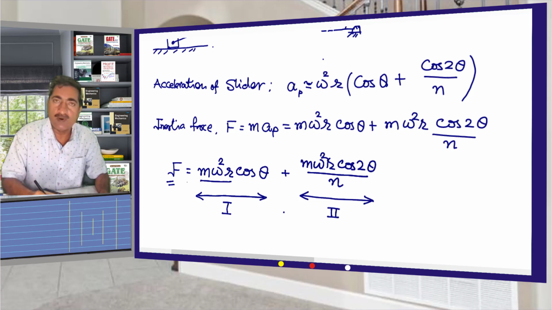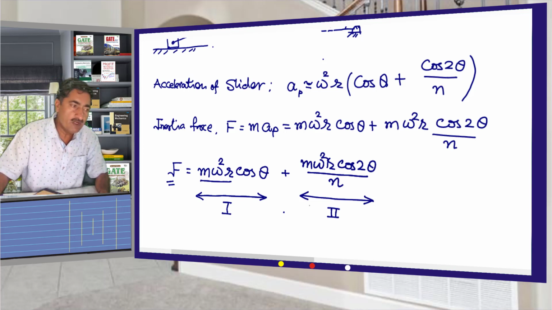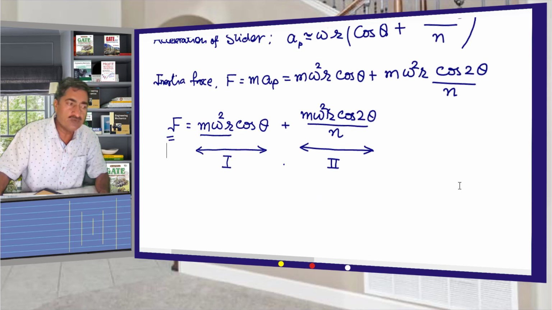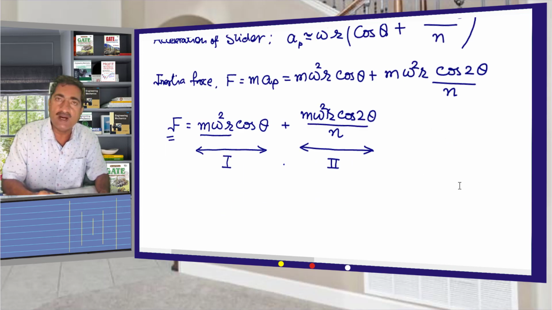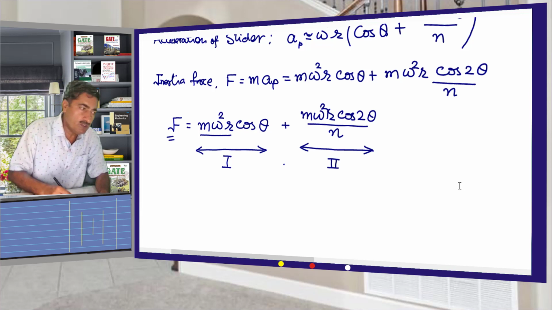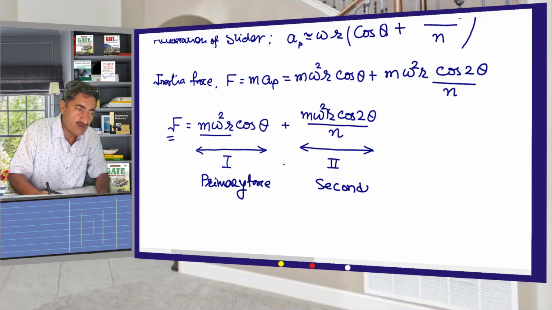The value of part 2 is 1 upon n times part 1. So this part is the primary force, and this is the secondary force.